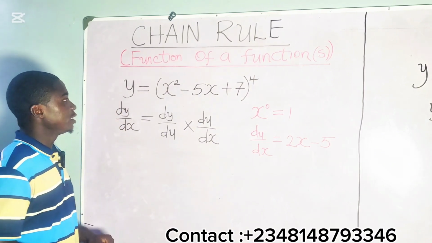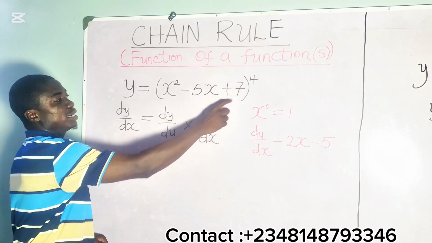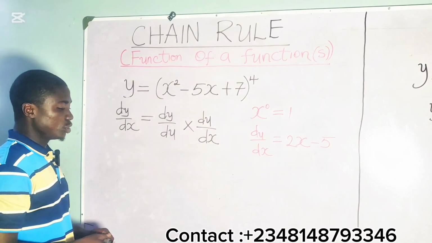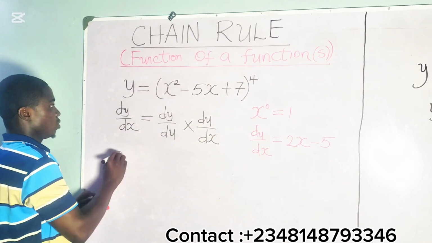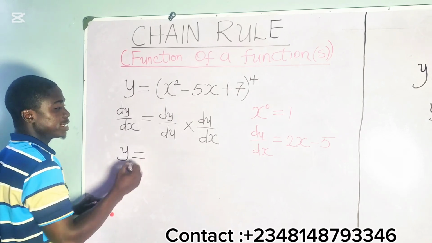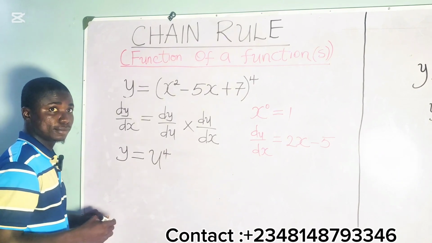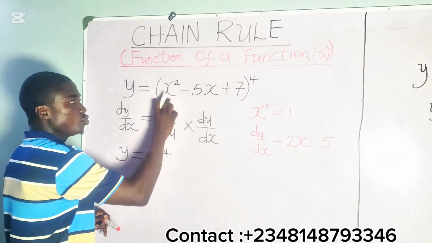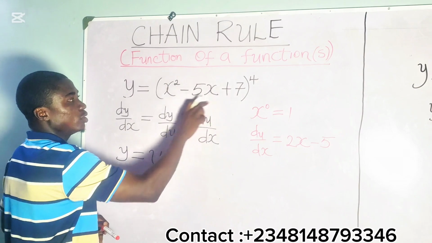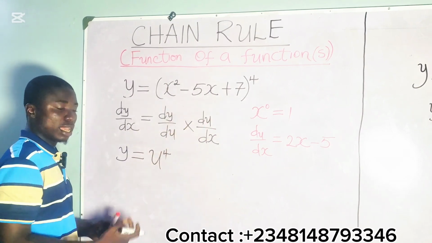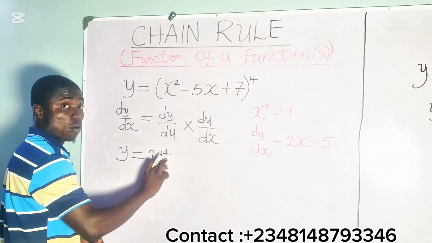Alright, remember that we took u as all the terms inside the bracket. So since u is equal to all these terms inside this bracket, therefore y is equal to u raised to power 4.